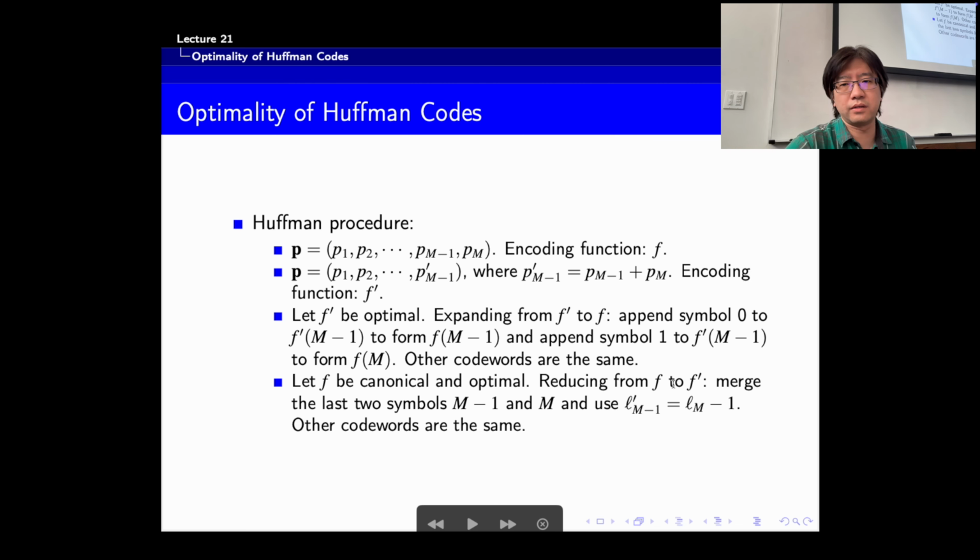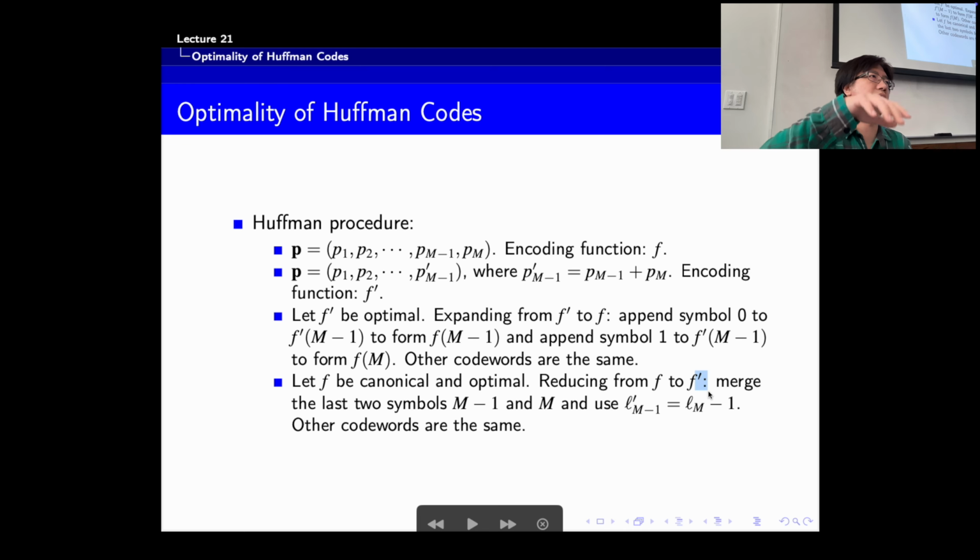The only difference here is that the last symbol of f prime has length L prime m minus 1, which equals L m minus 1. All other code words are the same. Then we can show that if f is optimal, then f prime is also optimal.